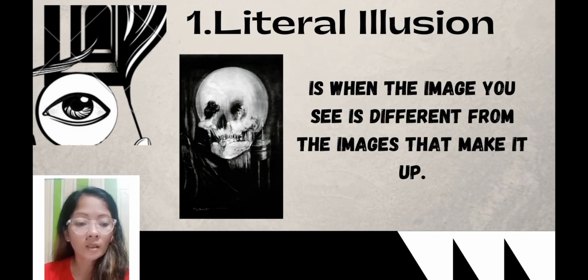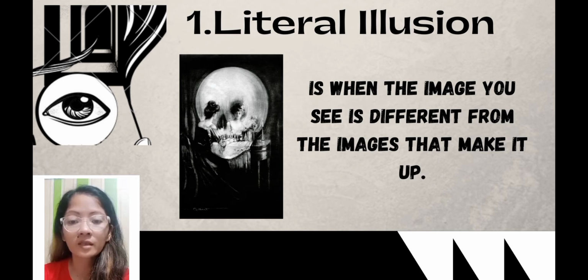So literal illusion is when the image you see is different from the images that make it up. For example, the illustration Hill created, which is actually two images strategically drawn to look like one fluid image, is a literal illusion. So the end result you see in a literal illusion is based on your perception.